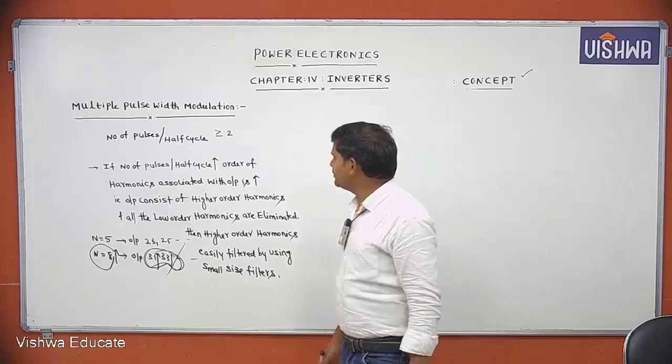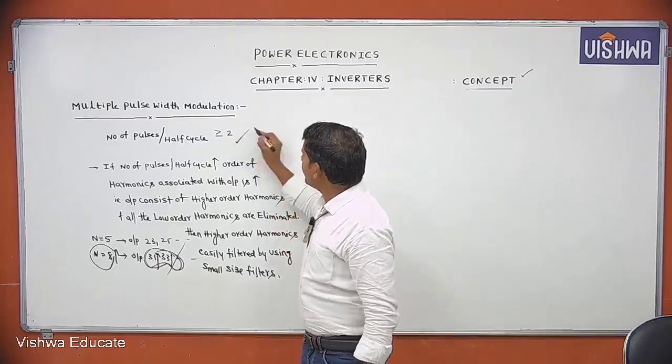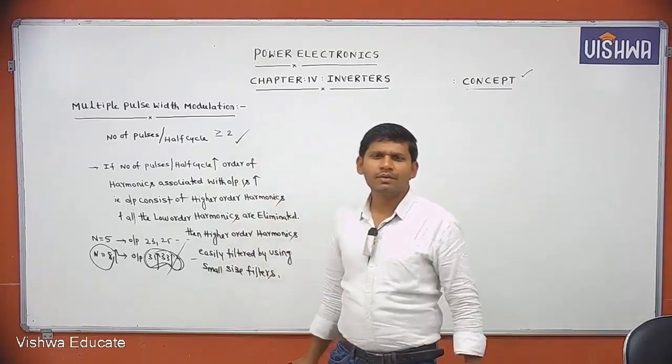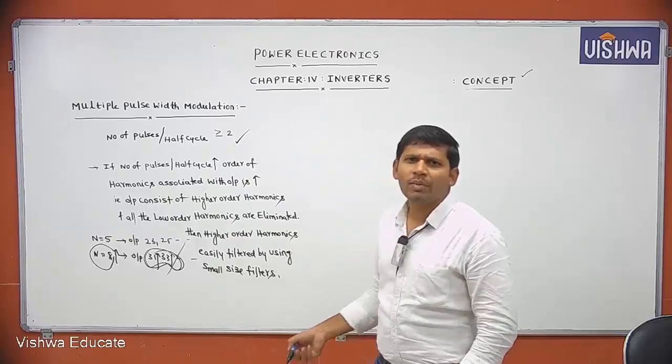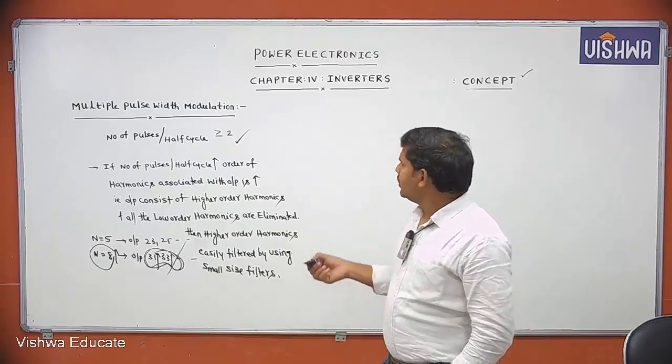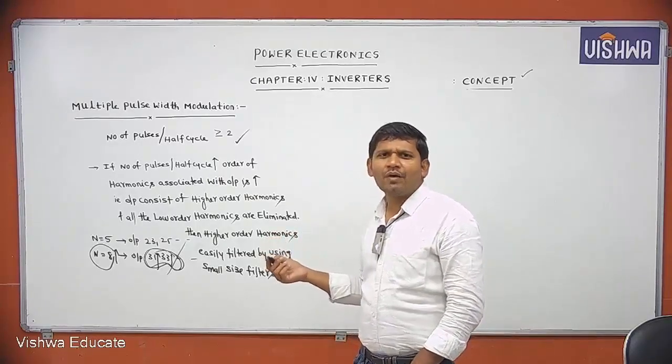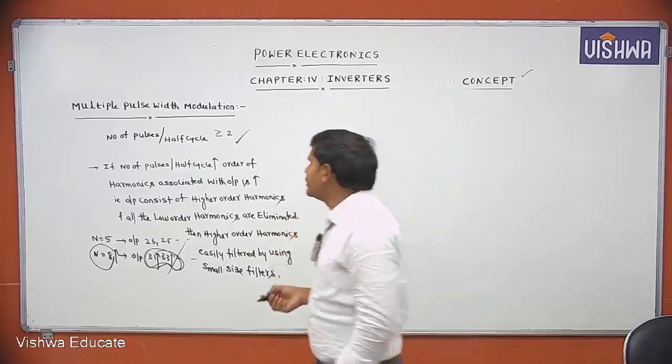Now the question is, you want to generate more number of pulses per half cycle. Then how to generate more number of pulses per half cycle? To generate more number of pulses per half cycle, we can use one control circuit.